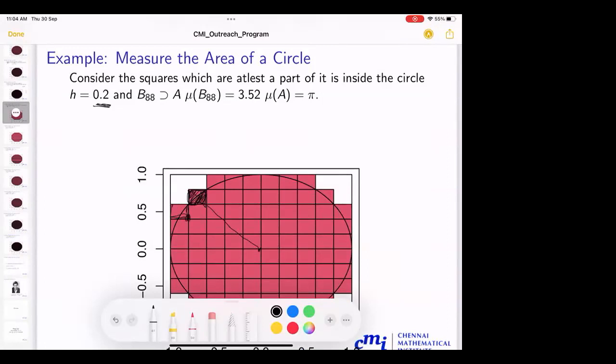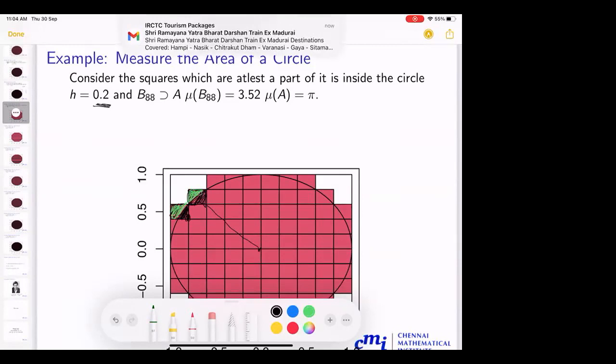So partly it is inside the circle, but there is a part which is outside the circle. Correct? So this is the part which is outside the circle, and this is the part which is inside the circle. So the question is, what is the area of this new geometric shape?